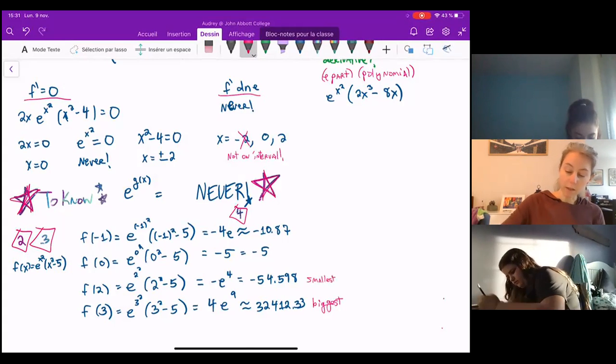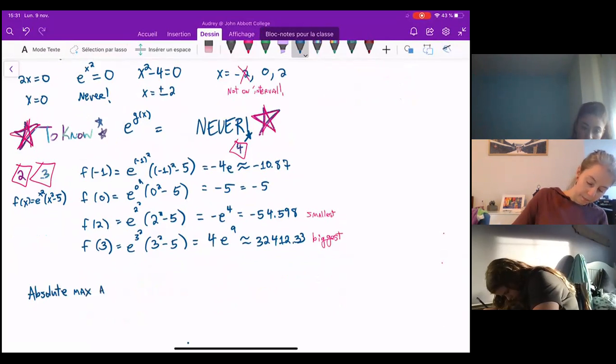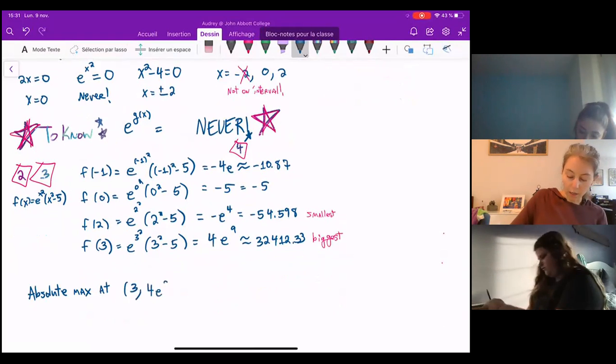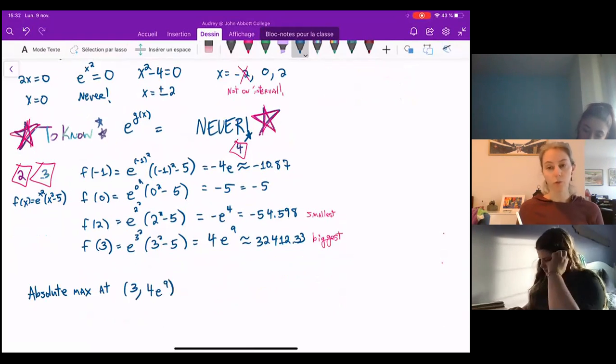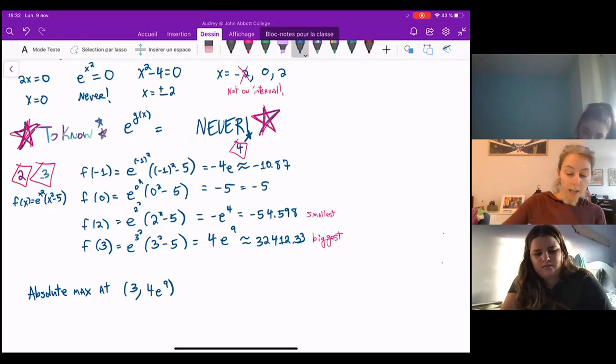So I'm comparing those values, and I can therefore make my conclusion that my absolute max is at 3. And here I want to include the y value, but I need the exact value, not the decimal, for e to the 9th. So you guys keep losing points for decimals in your group work. Hopefully eventually you will learn that I don't accept them. So I need not a decimal here, but the actual value.